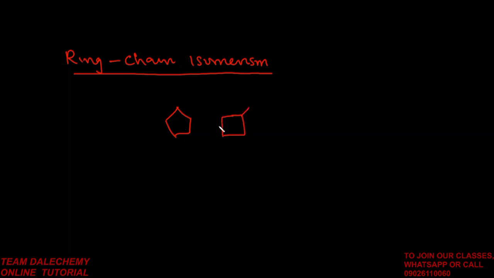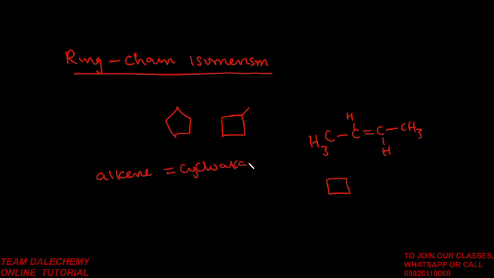These two are the same in their molecular formula, but different in structural formula. So you can also have something like an alkene like but-2-ene can have a ring isomer, which is cyclobutane. Basically, all alkenes with an equal number of carbons with cycloalkanes, they are isomers.